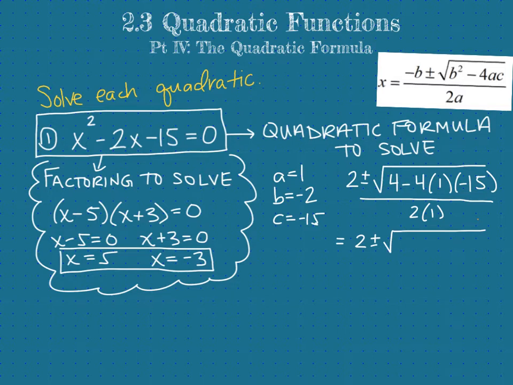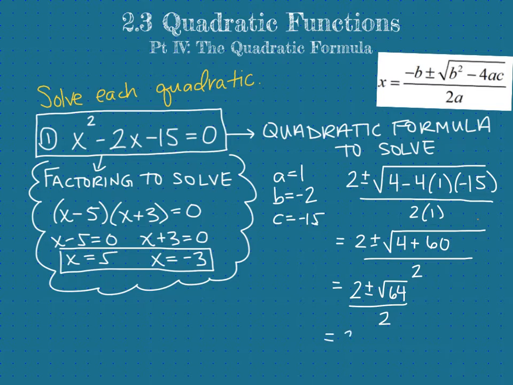That means I'm going to get a positive number here when I multiply all three of these numbers. I might as well think about it as 4 times 1 times 15, since those two negatives will multiply out to be a positive. So that will end up being a positive 60. So we'll have 4 plus 60 under there, all over 2. So we have 2 plus or minus the square root of 64 all over 2.